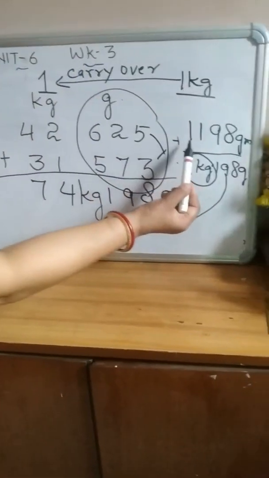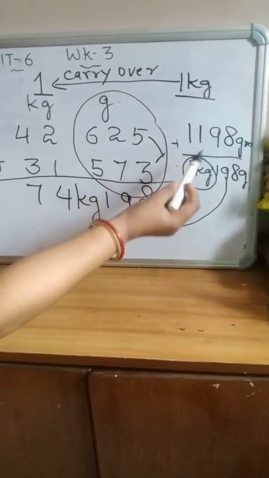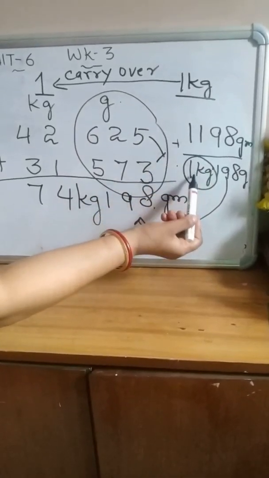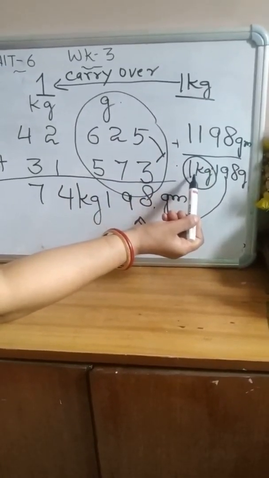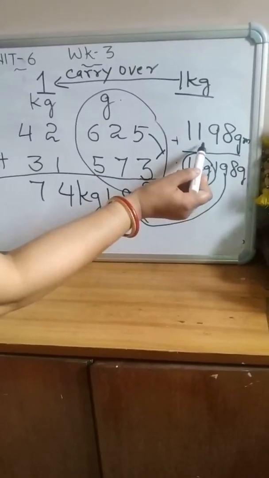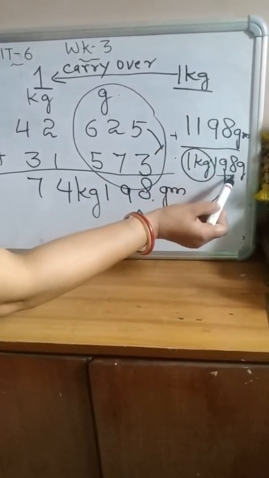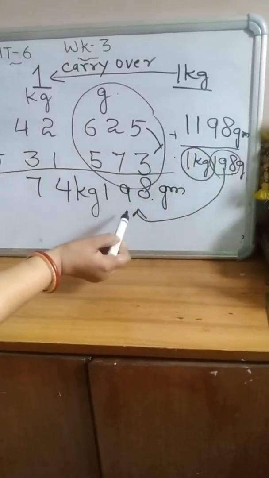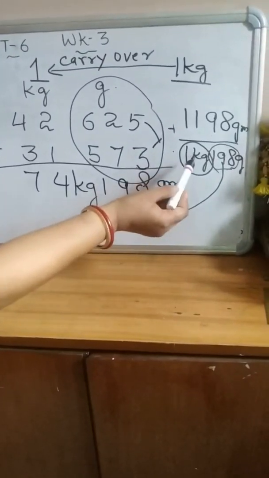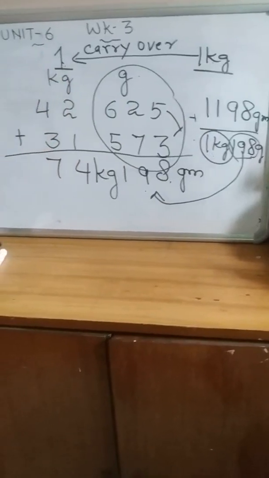So this 4-digit number we split: we take out 1000 gram separately, and 1000 gram is 1 kilogram, and the rest of the 198 gram remains as it is. This 198 gram will go into the gram column, and this 1 kilogram will be used as a carryover and taken in the kilogram column.